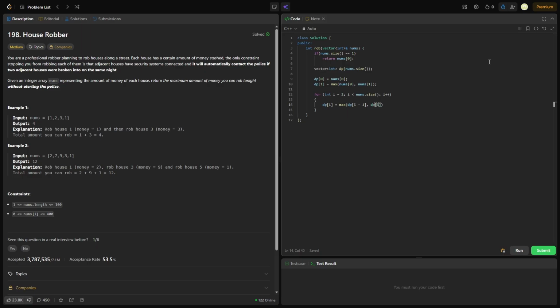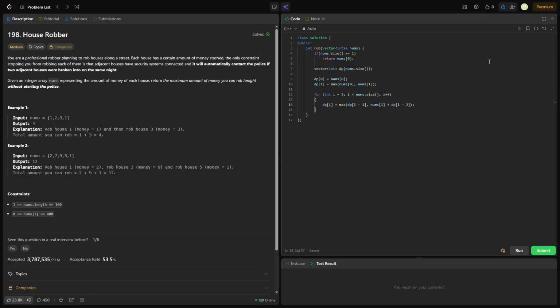We see which path is more profitable, and we take whatever path is most profitable and put it in dp of I. Let me just do nums first, it doesn't matter, it's addition: nums of I plus dp of I minus 2. And that's literally it.